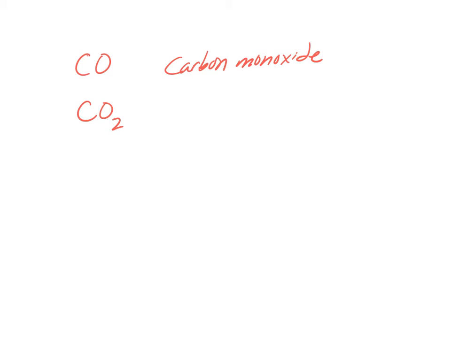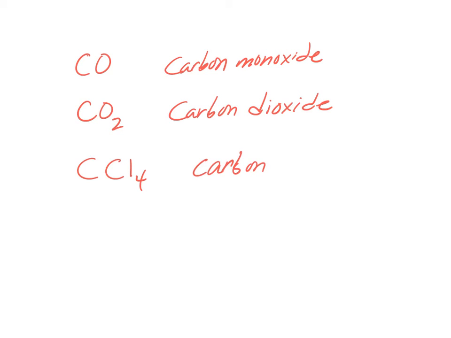CO2. All right. Well, that's carbon dioxide. And I'll bet you've heard of that as well at one point, or many times, I'm sure. All right. Let's try another one. How about this? Carbon with 4 chlorines. That's carbon tetrachloride.